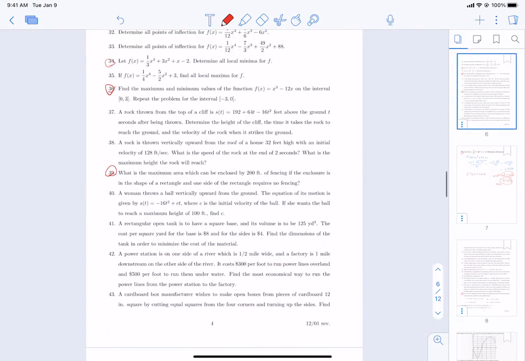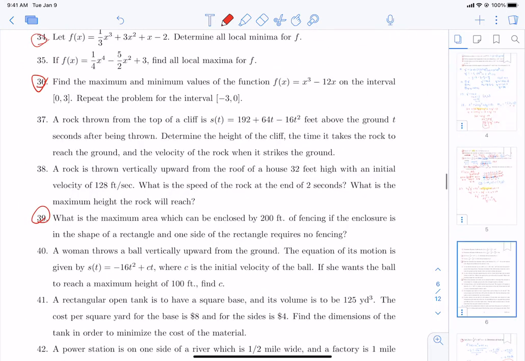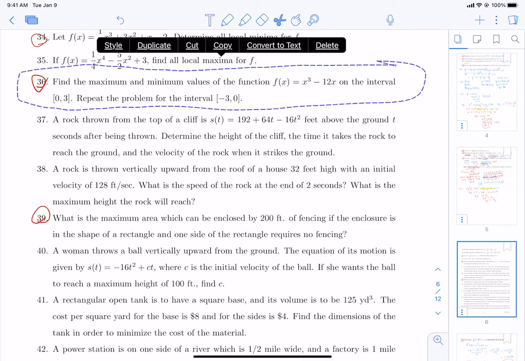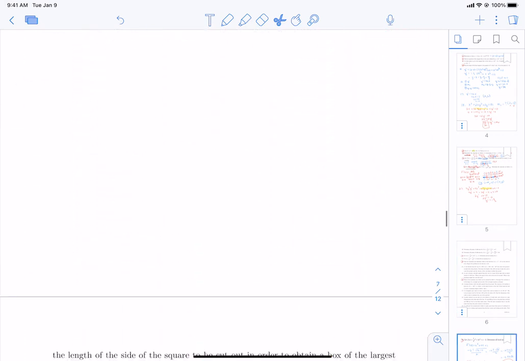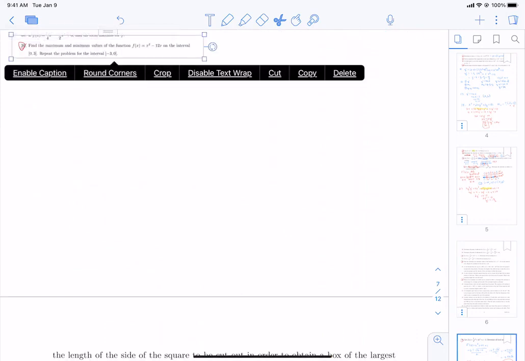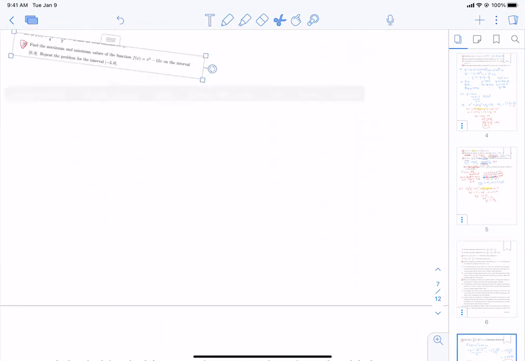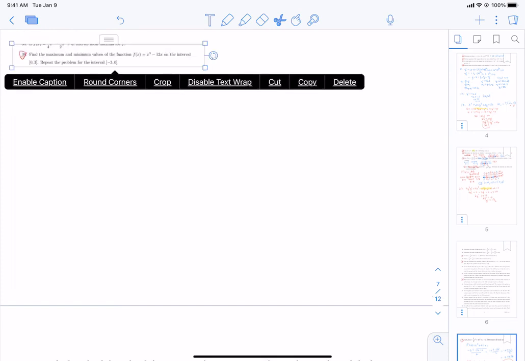Okay, let's see, 35. Now these ones, the max and min on an interval, are actually clearer and nicer than just finding all of the local mins and maxes.